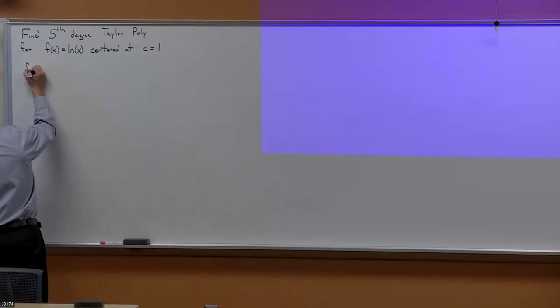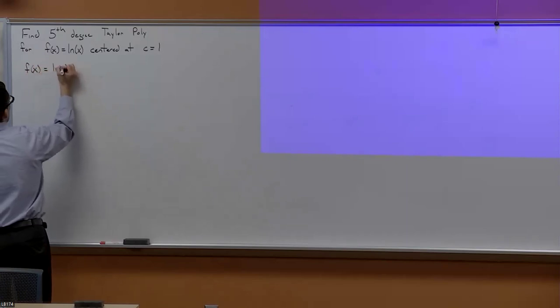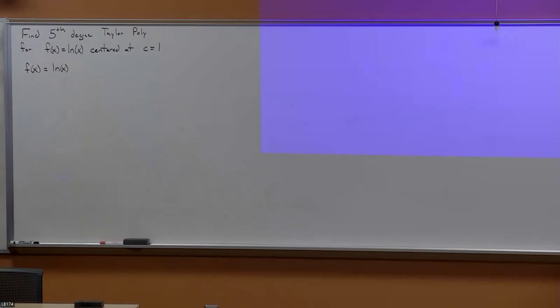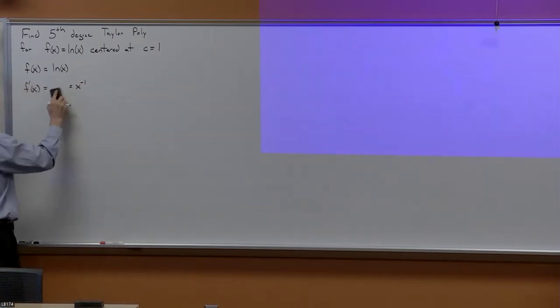All right, so let's do the following. Since it's 5th degree, I'm going to need to take 5 derivatives. So I'm just going to start taking derivatives. First derivative of natural log is 1 over x, or you can think of that as x to the minus 1 power. In fact, that's how I'm going to think of it when I take my derivative.